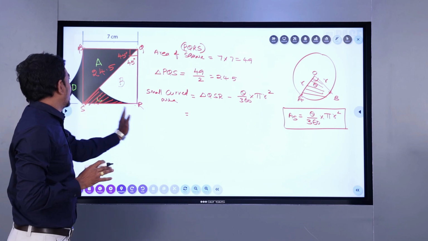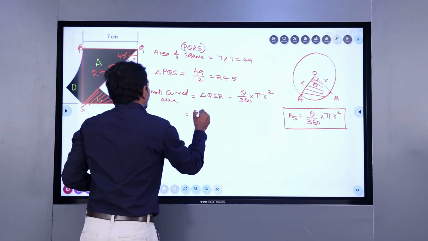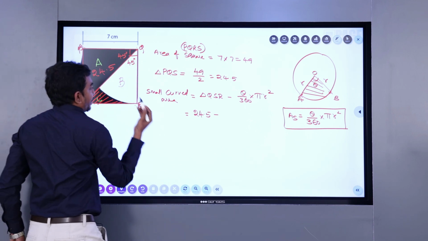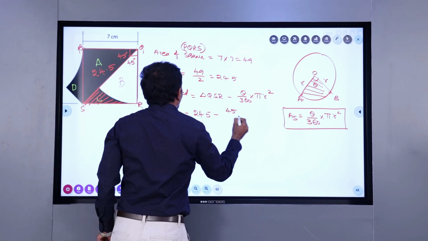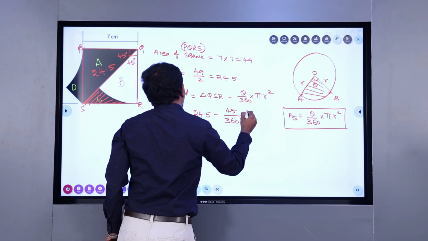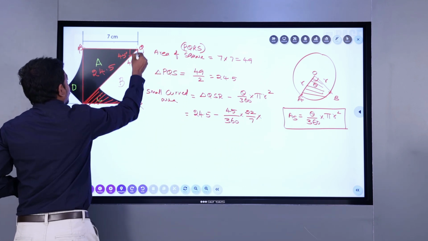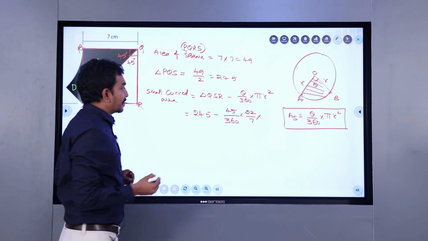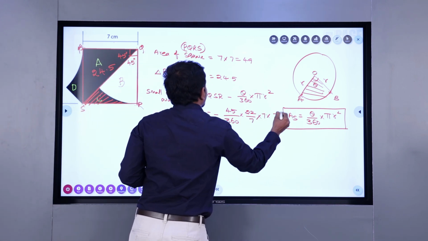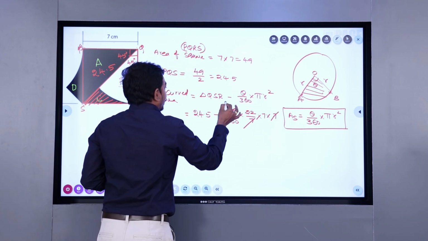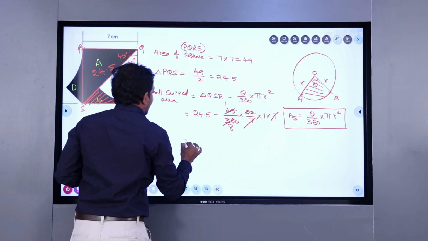So the triangle QSR would be 24.5 minus, this angle is 45 degrees, by 360 into pi is 22 by 7. What is the radius here? The radius is nothing but the side of the square, which is 7. 7 squared is 7 into 7. This 7 and 7 get cancelled. 45 ones are, 45 eights get cancelled.